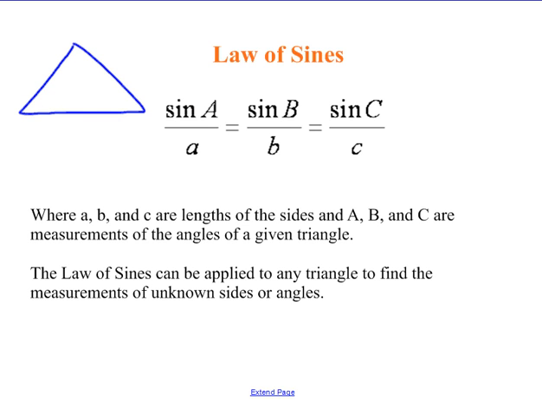So this is what I'm talking about. If that's angle A, that's angle B, that's angle C, this is side A, this is side B, and this is side C. They're always across the triangle from each other. So you have to be able to plug into the law of sines correctly to use it.